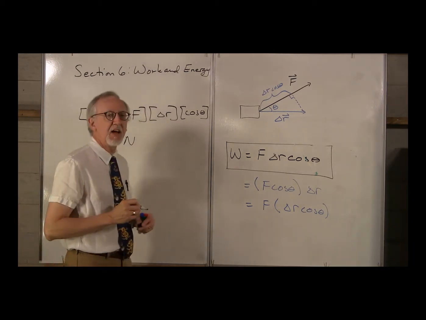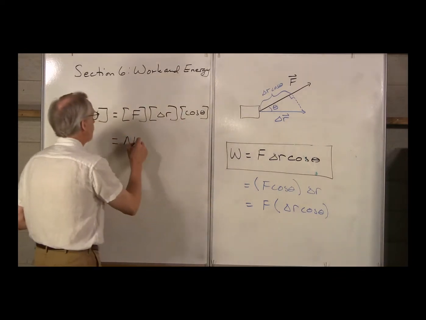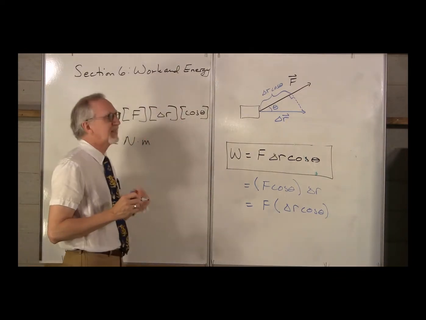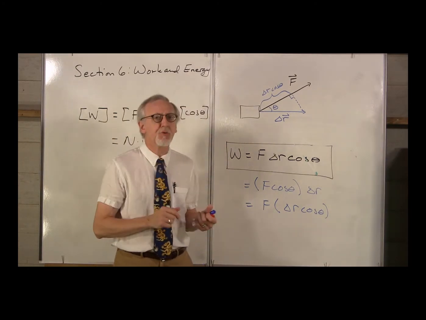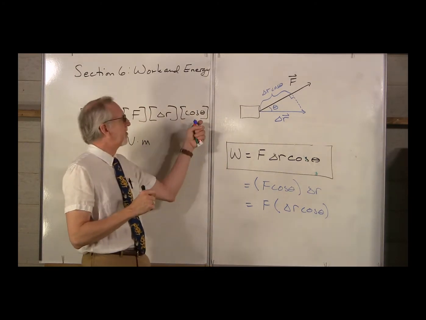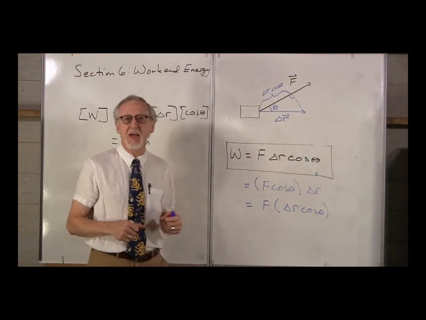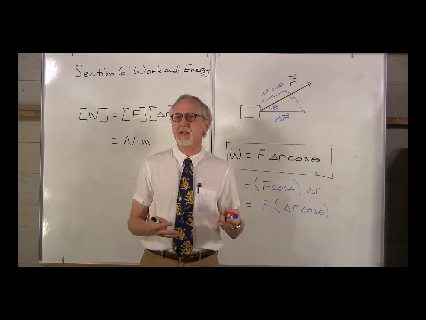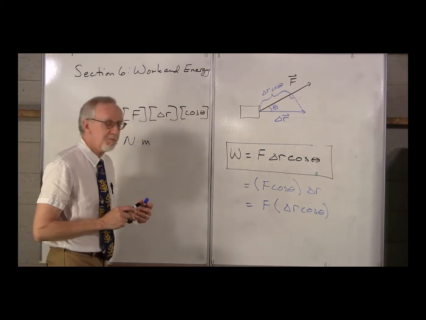What's the standard SI unit for delta R, a displacement? Meters. What's the standard SI unit for cosine theta? It's not degrees. Degrees would be the unit for theta, or radians, either one. The cosine of an angle is actually a unitless quantity. It doesn't have any units. So that's what we end up with, Newton times meters.